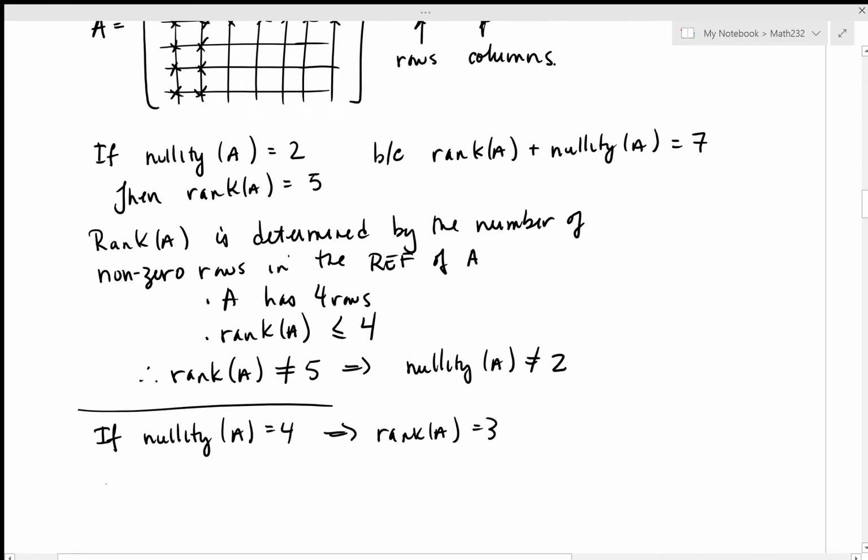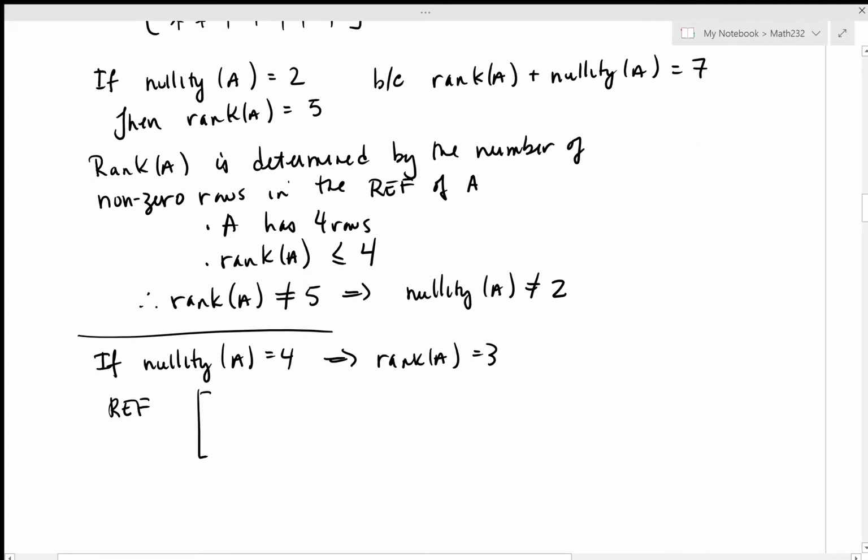For example, the reduced row echelon form of A could look something like this: 1, and then some other numbers, with 7 entries going across and 4 rows.